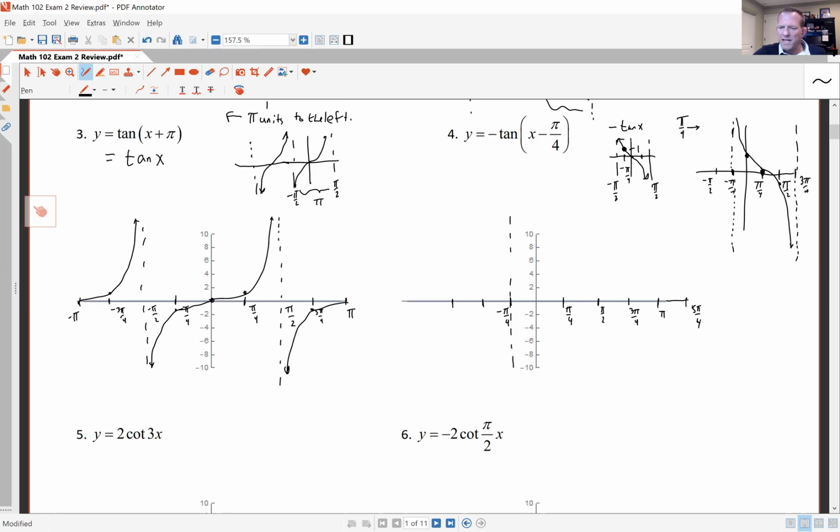The graph starts at negative pi over 4 and ends at 3 pi over 4. Here's your 0 mark. This is going to be at 1 and -1.